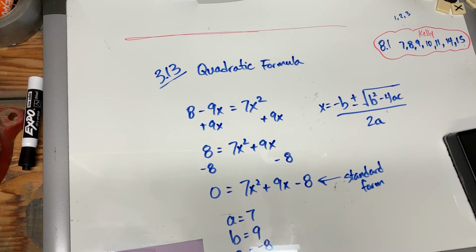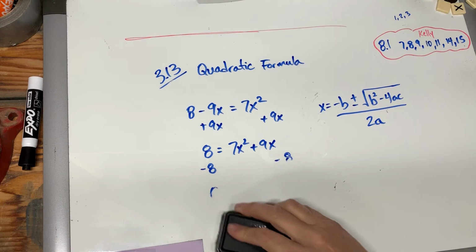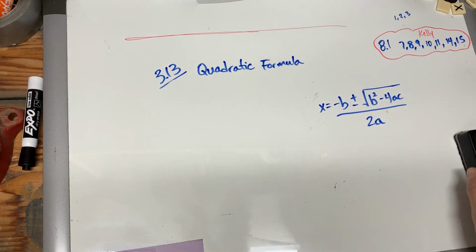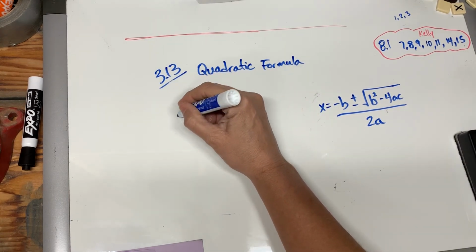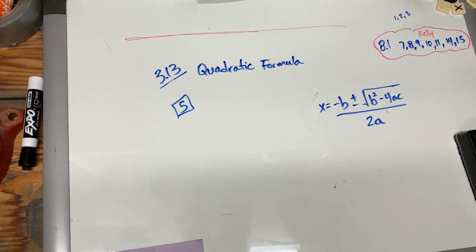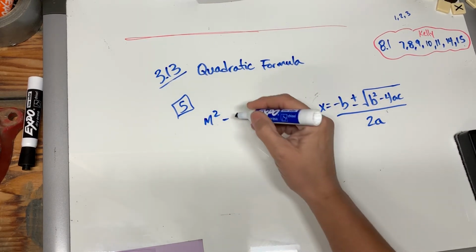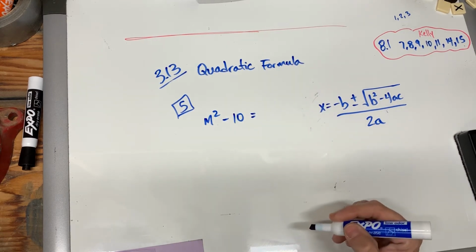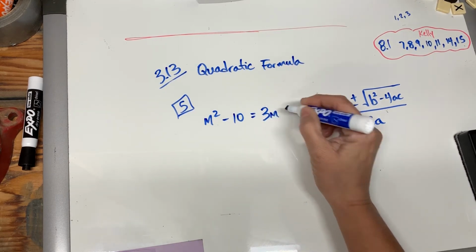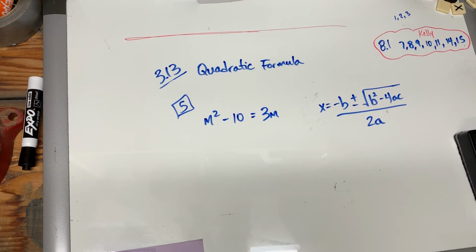Question 4 is already set up, so that one's pretty straightforward. Question 5. Mine says m squared minus 10 equals 3m, and they want me to use the quadratic formula to solve this.